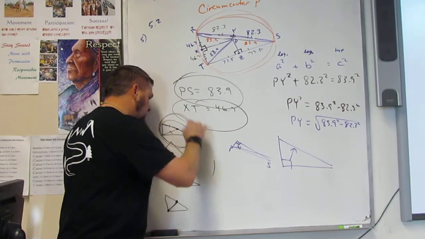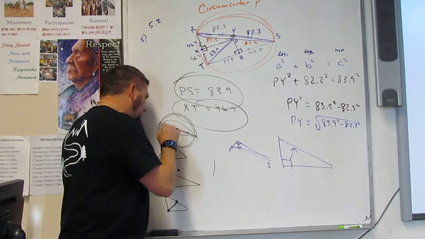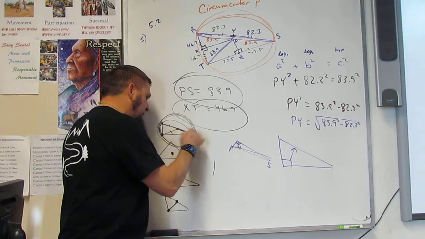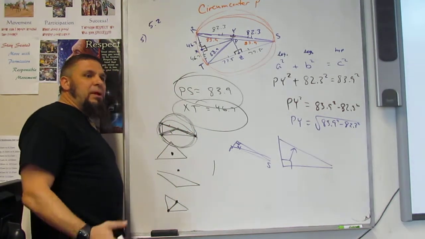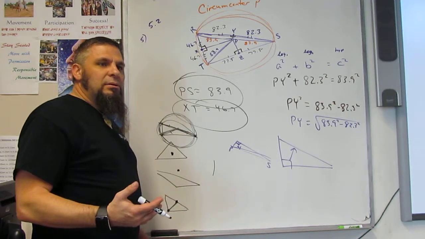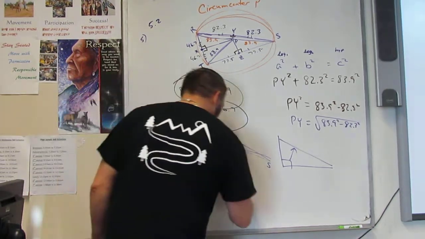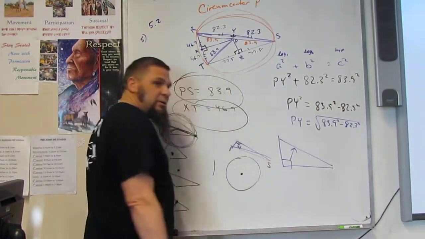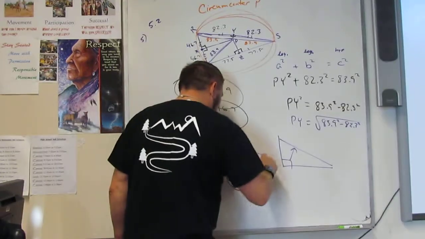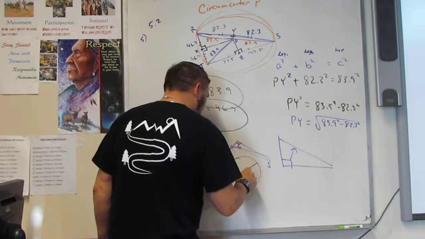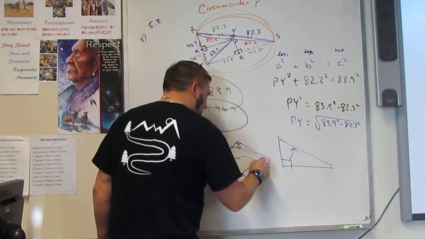There's a circle, and it lies on this point, this point, this point. That means that this, and this, and this all have to be the same, because they're all radii. A circle has a center, and because a circle is a perfect circle, anything that goes out from that center is the same.